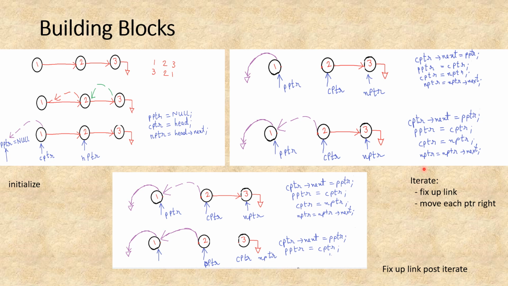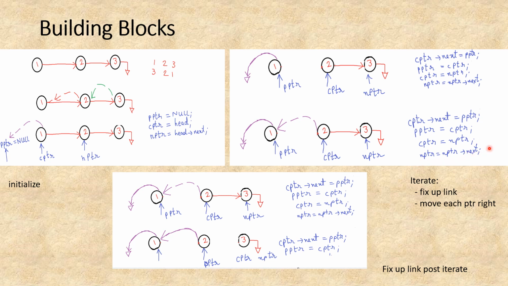With respect to iteration, as mentioned earlier, we have to fix up the link over here. And once the link is actually fixed up, we have to move each pointer to the right, and we have done that over here in these 3 steps. Previous pointer is equal to current pointer, is equal to next pointer, is equal to next pointer arrow next, right?